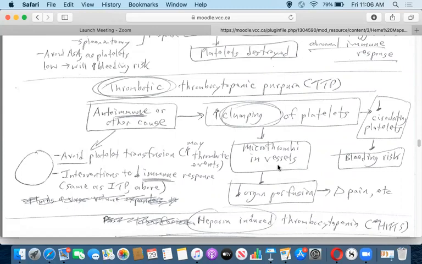So it is paradoxical, because at the same time as you have decreased platelets and bleeding risk, you also have thrombi forming that are causing blockages in vessels. So here's a case where you definitely want to avoid a platelet transfusion. You're just going to increase your thrombotic events. You will need to use the interventions that suppress the immune system in this case.